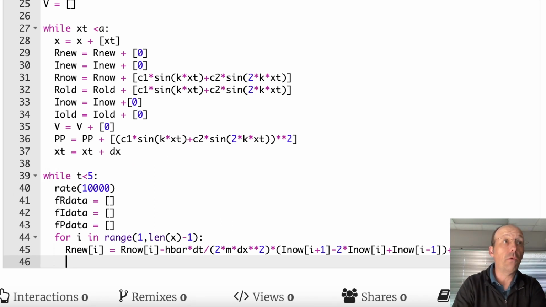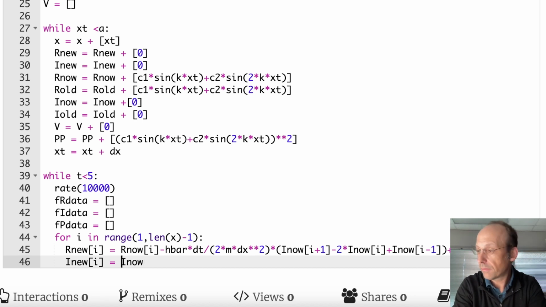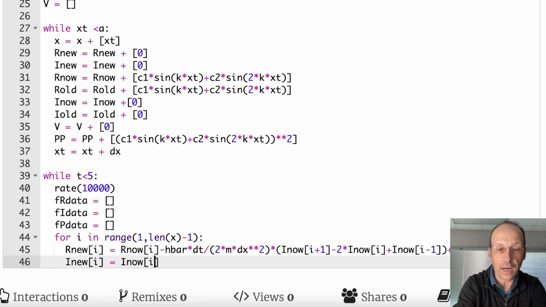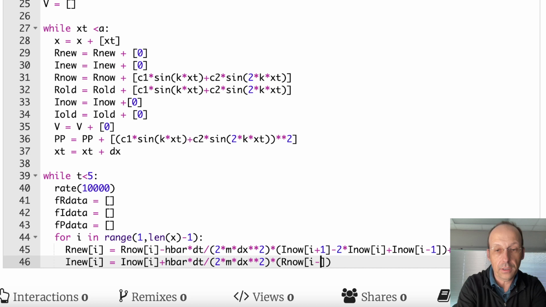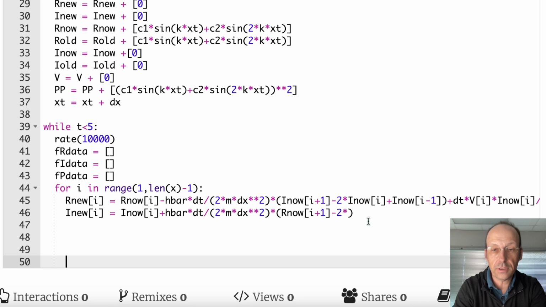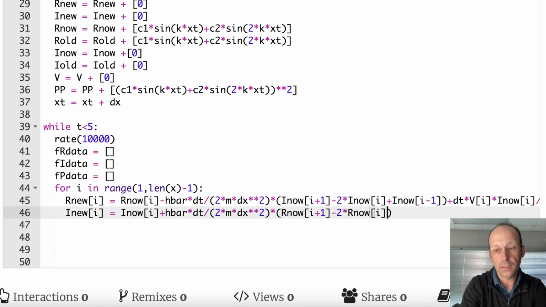Now I need to do the same thing for I. So I new i equals I now i, plus h bar times dt divided by 2 times m times dx squared times R now i plus 1 minus 2 times R now i plus R now i minus 1.